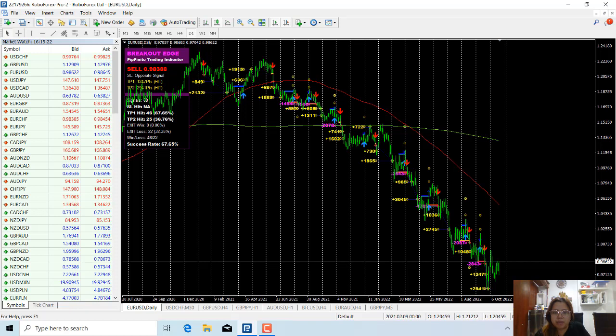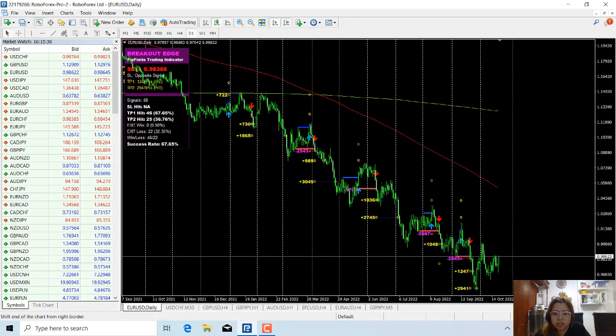We are in a prevailing downtrend, which has started since April, and the trend is still intact. But now markets are starting to retrace, so therefore we will be looking to buy this market.